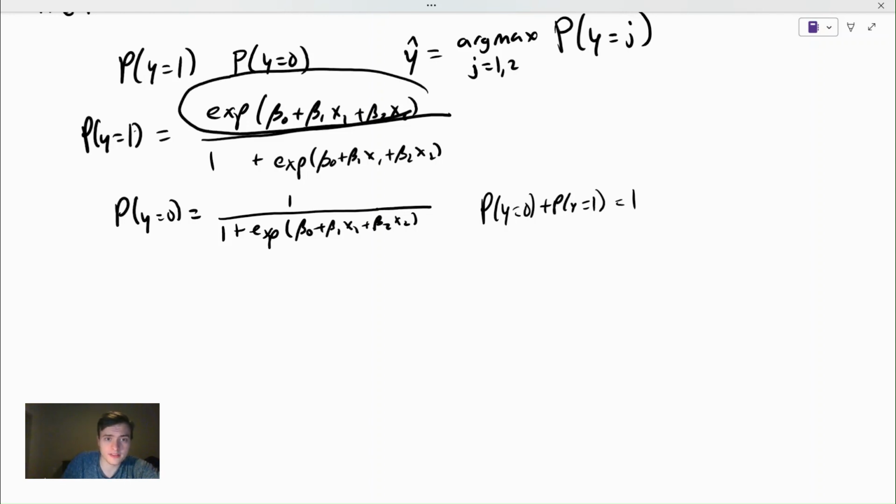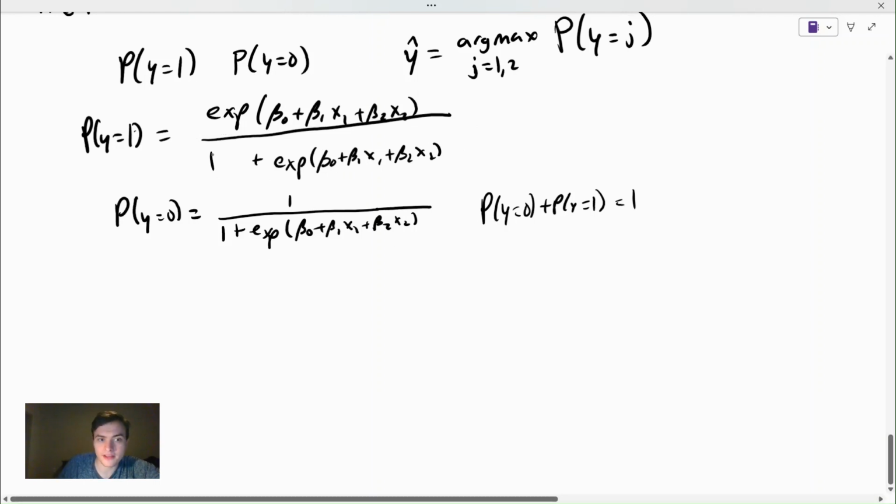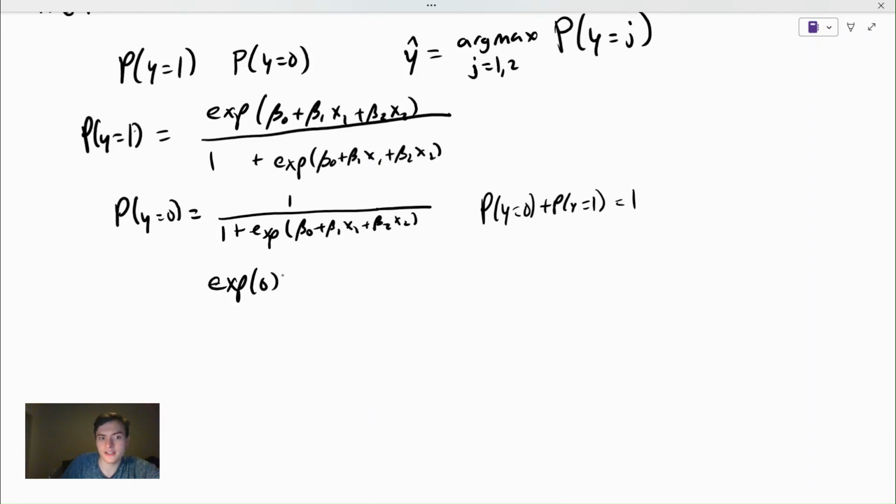Here, this is like the utility or weight of class 1, and the denominator is normalizing it, so that when we add utility of class 1 plus utility of class 2, that gives us the total utility. So the weight of class 1 divided by the total weight gives us a probability for class 1. And why is there a 1 here? Well, we're doing exp of 0, because that equals 1.